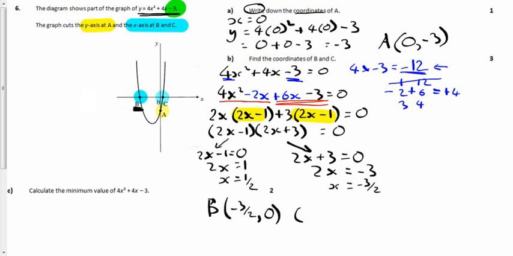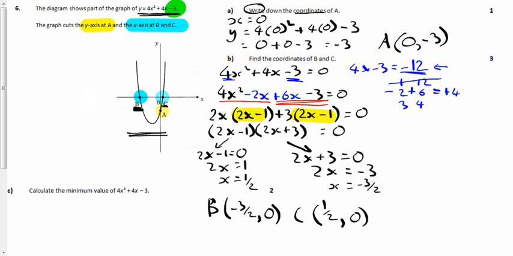And C would be the second of the two, the one with the positive x coordinate. So that would be a half, 0. The diagram we've got originally here isn't to scale, but I can see C is closer to the 0 than B, which makes sense in terms of the fact that a half is less than 3 halves.